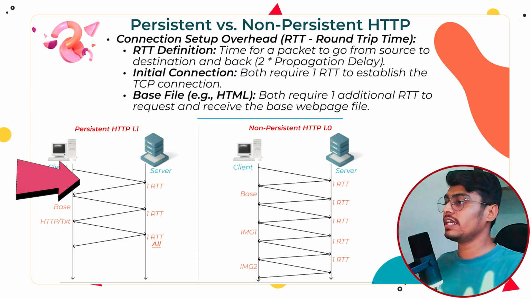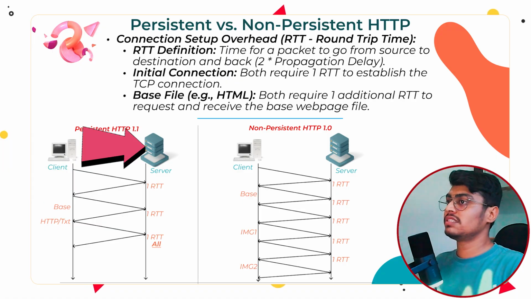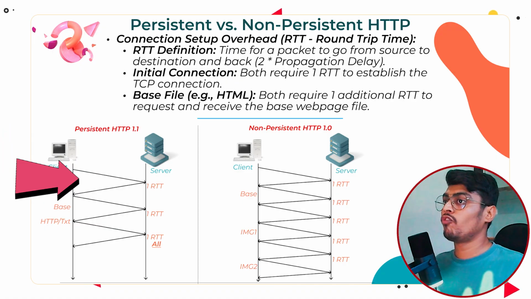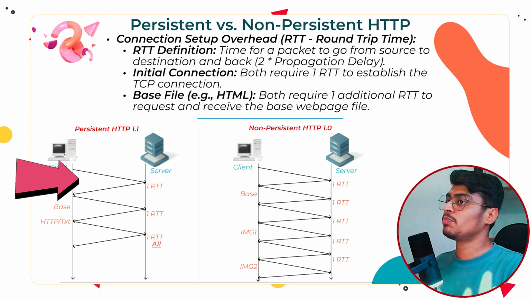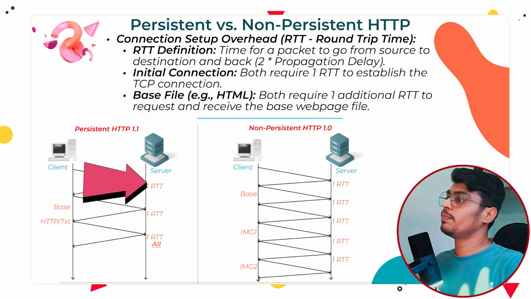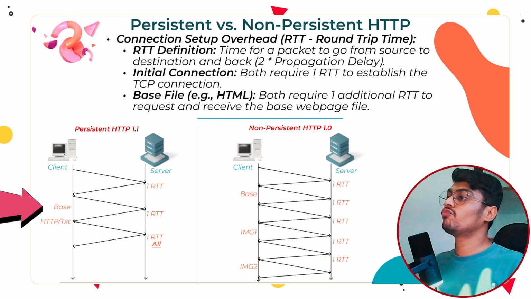In the persistent case, let's say this is the client and this is the server. What will the client form first? It will form a connection. To form a connection, it sends a request and a response comes, so 1 RTT is used to make the connection. Now after that, let's say you access web pages from the client machine. Because we use HTTP to access the web page, you formed a connection.